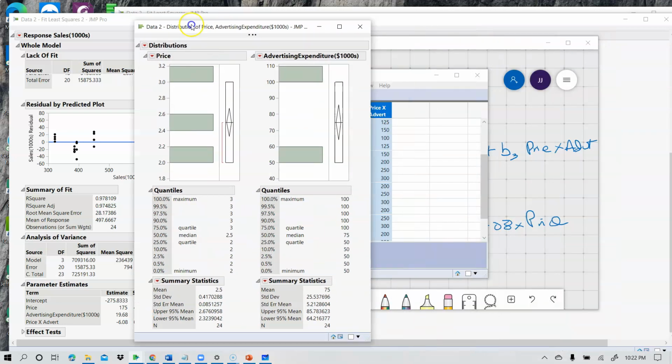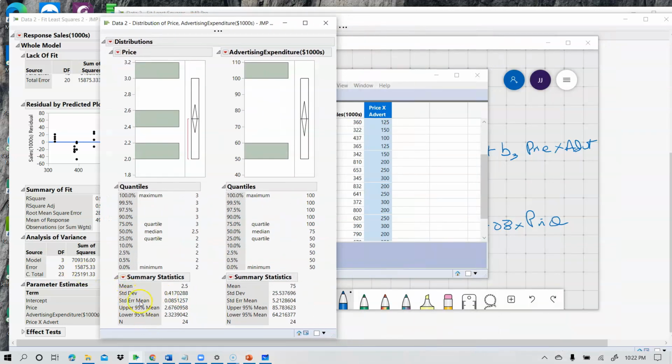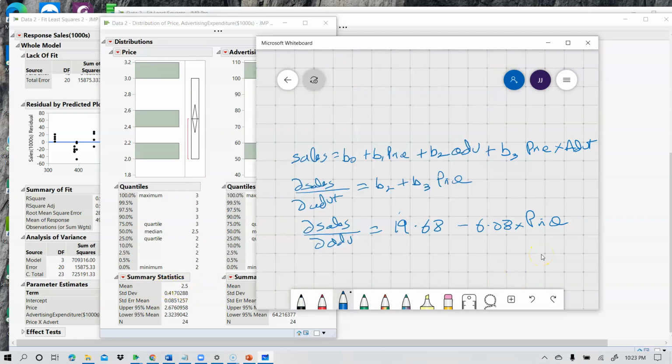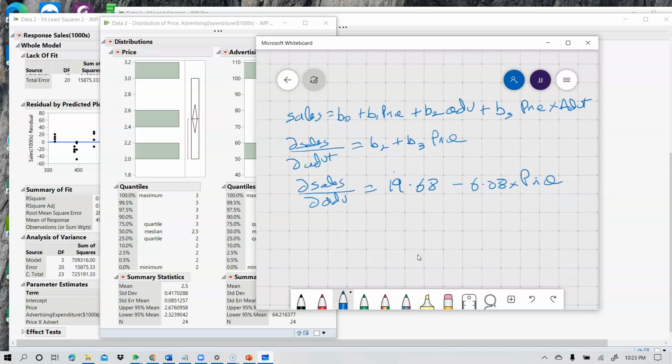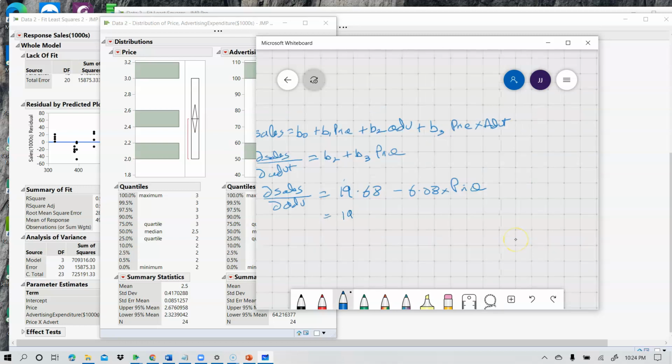So we see that our mean of price is 2.5. So what we can do is insert 2.5 here, and then we will see the true effect of ad spending on our sales. So 19.68 minus 6.08 times 2.5.